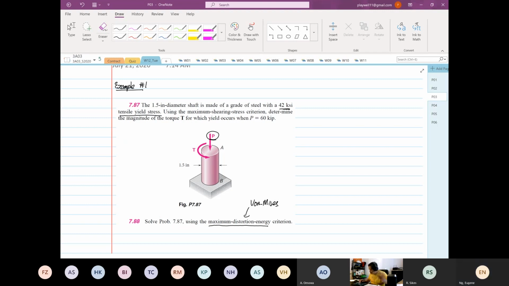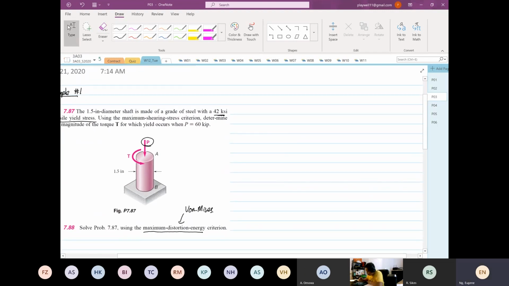So what we are given is the diameter is 1.5 inch. So we also know that the radius is equal to 0.75 inches, right? And the stress yield will be equal to 42 times 10 to the power 3 psi.